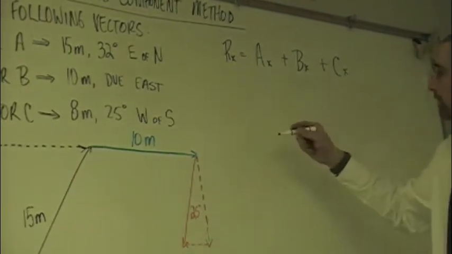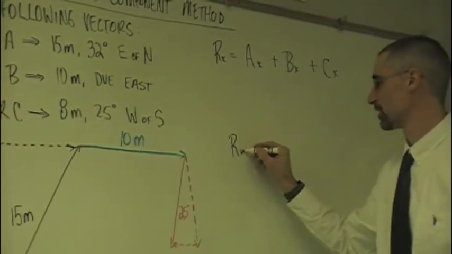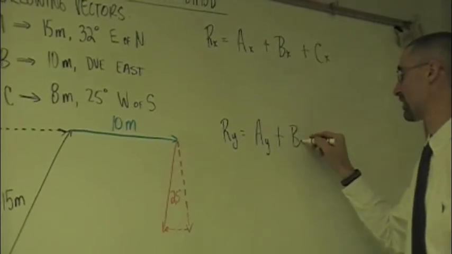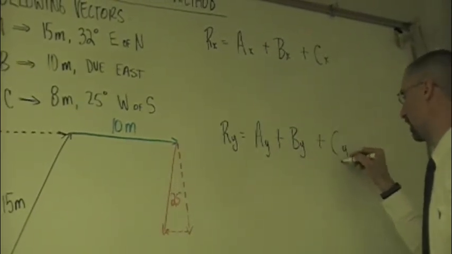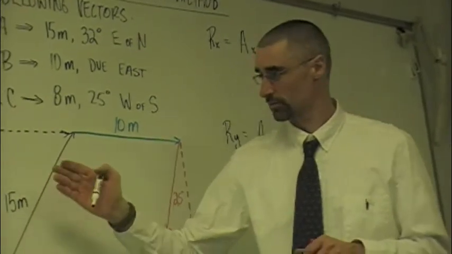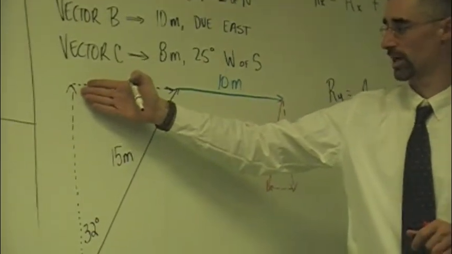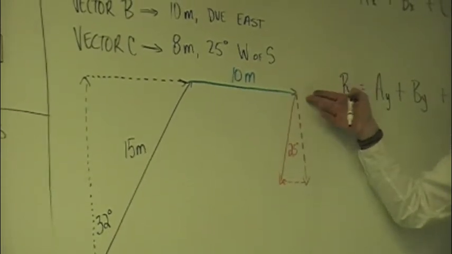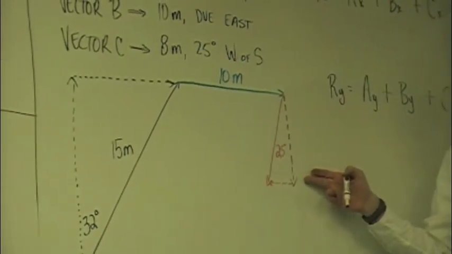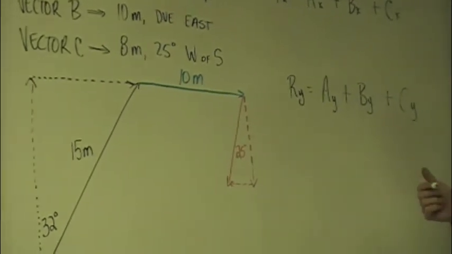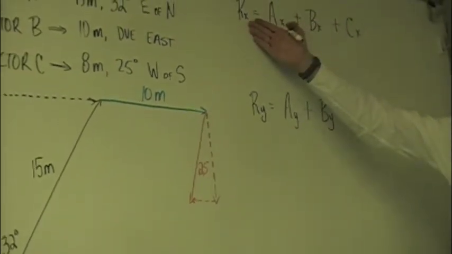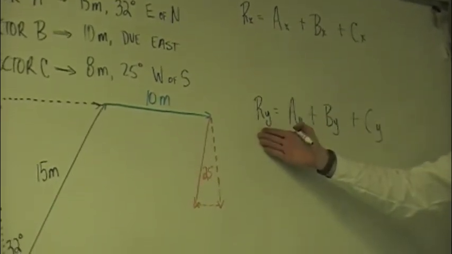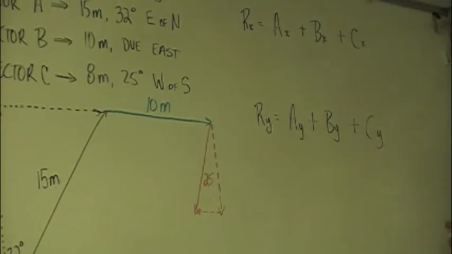The Y component is going to be equal to all of the Y components of the vectors. In this case, this is the Y component of A. There is no Y component of B. And then we have a negative Y component of C. So for our resultant vector, the X component is all the X components added together, and the Y component is equal to all the Y components added together.